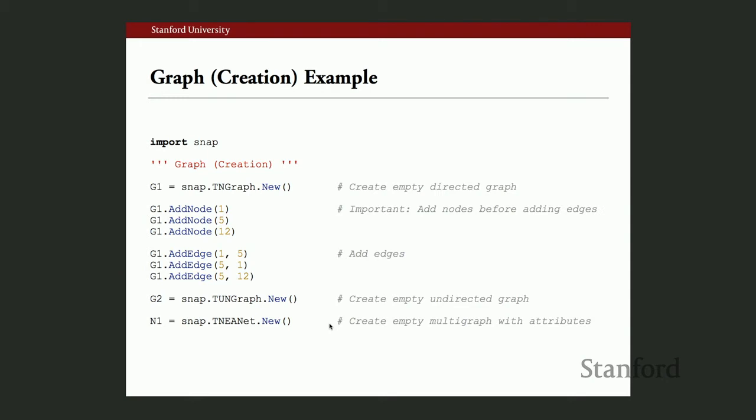I can't have a node with ID S. They can't be strings or any of that. And they don't have to be in increasing order. What you saw here, for example, is I have nodes 1, 5, and 12, but there's no nodes 0, 2, 3, 4. They don't have to be in linearly increasing order.